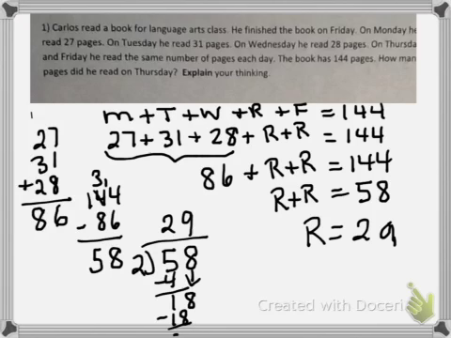Then I subtracted 86 from 144 to tell me how many pages he read on Thursday and Friday. The last step I did was I divided 58, which was the difference between 144 and 86. I divided 58 by 2 because I know he read the same number of pages on each day. And that result was 29 pages.